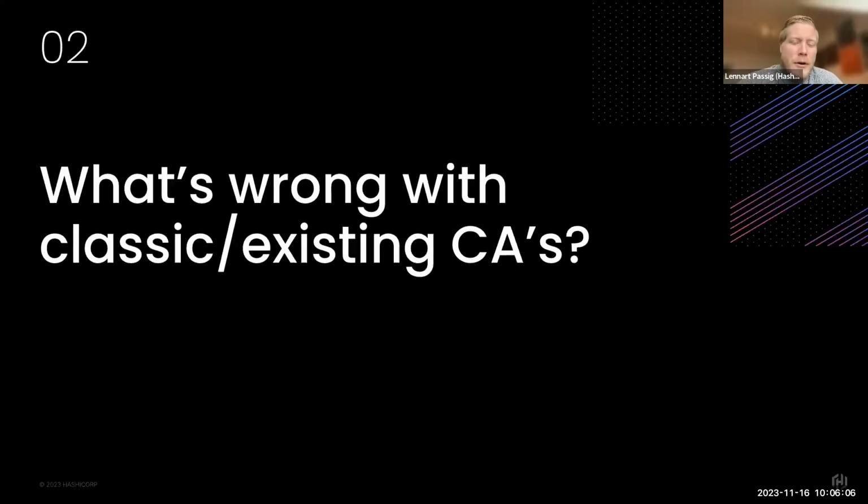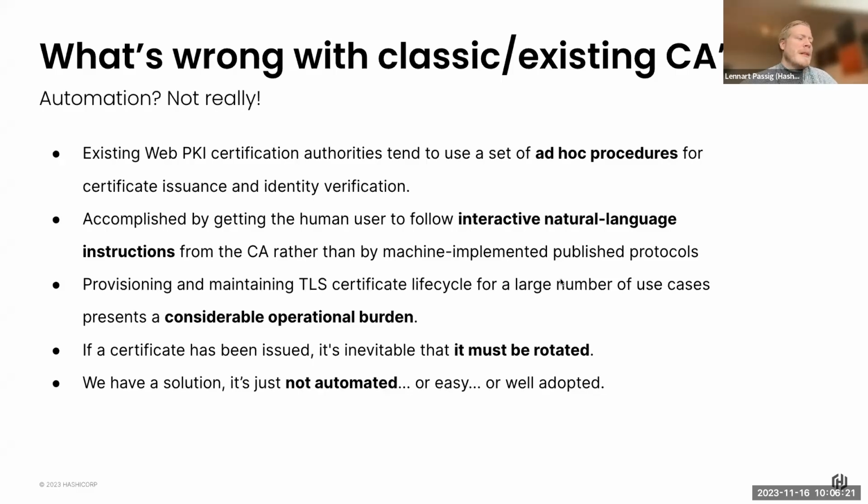So we have already usually a CA within the environment of a lot of customers, right? They have their own classic, legacy or existing CA, but what's really the problem with it? And here I want to go and dig a little bit deeper into the classical ones.